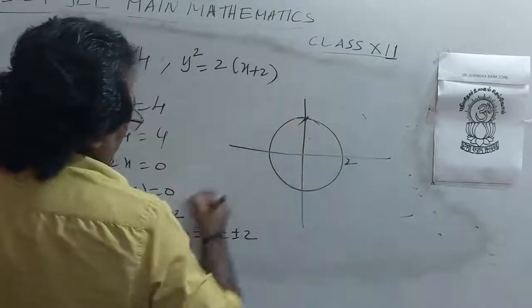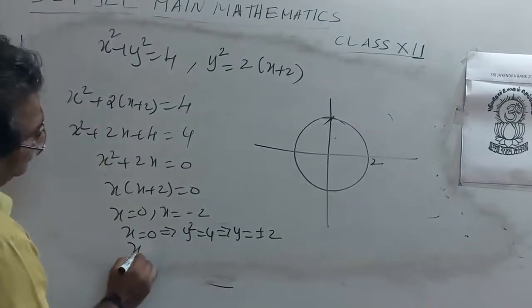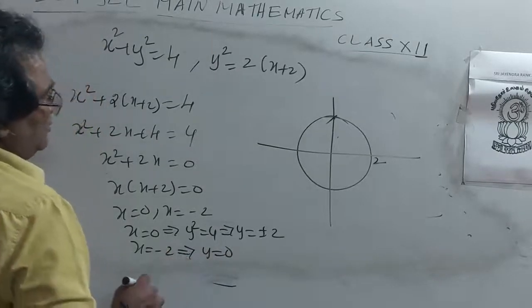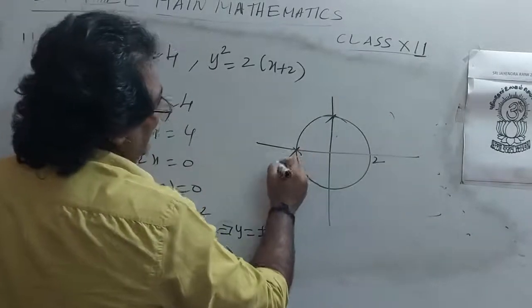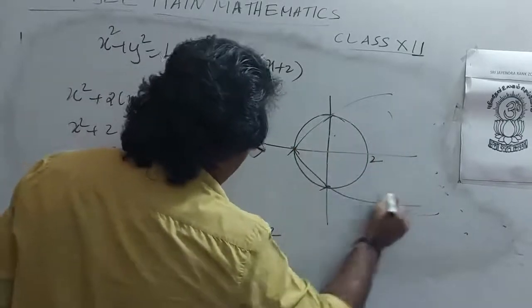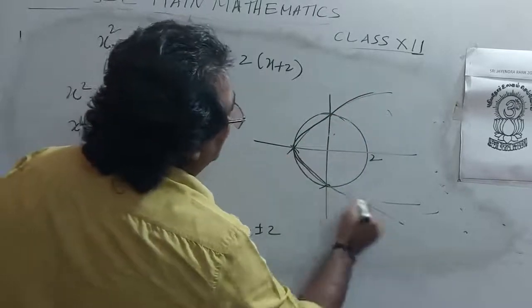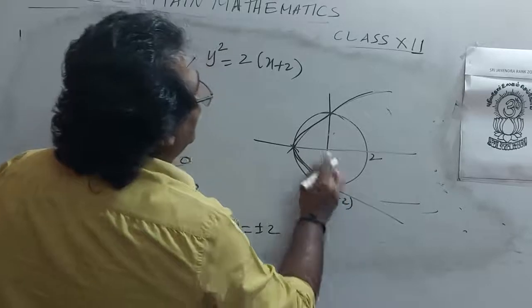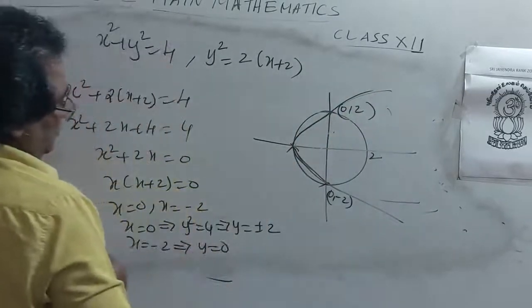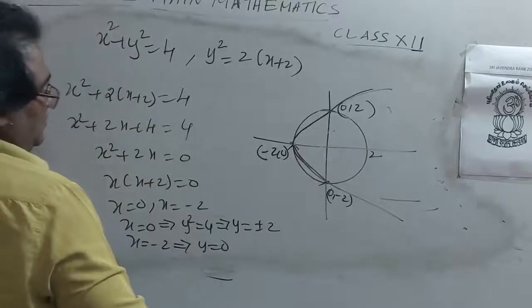So this point. Further x equal to minus 2 means y equal to 0. So the curve intersects this point and these 2 points: 0 comma minus 2, this point 0 comma 2, this point minus 2 comma 0.